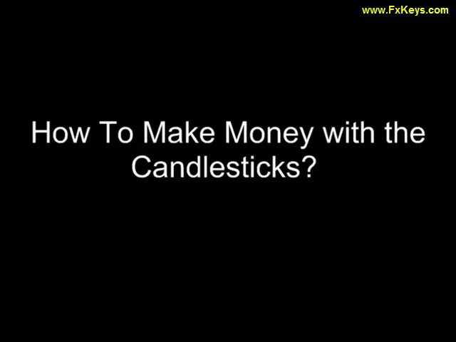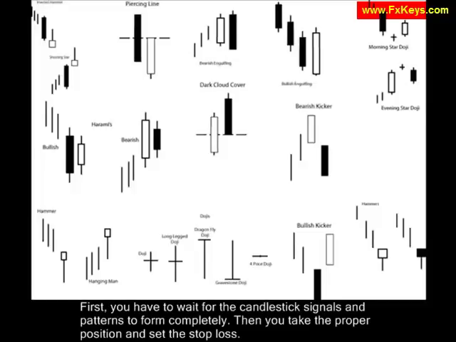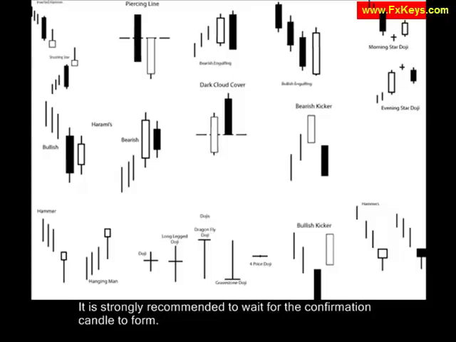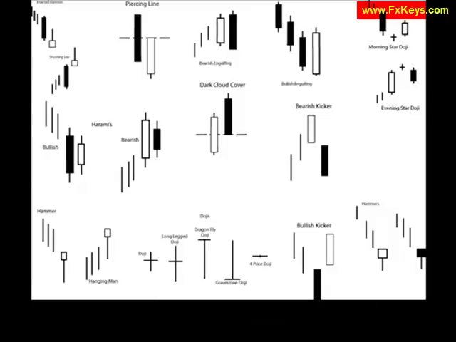How to make money with the candlesticks. First, you have to wait for the candlestick signals and patterns to form completely. Then you take the proper position and set the stop loss. It is strongly recommended to wait for the confirmation candle to form.